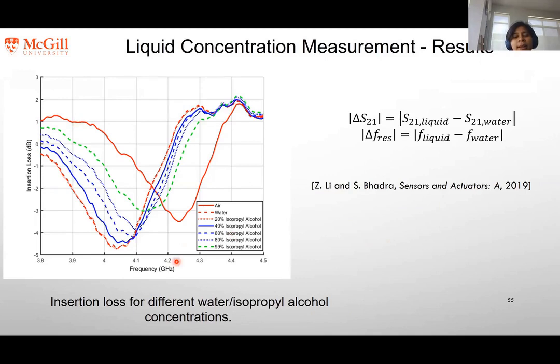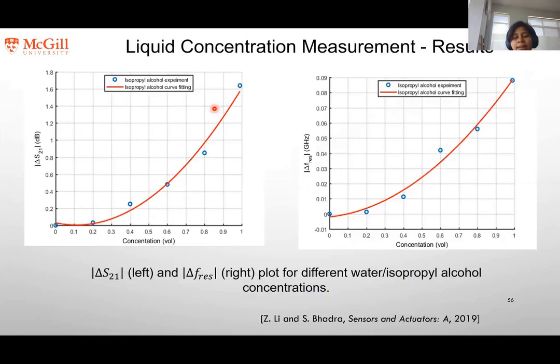You can see that we passed different concentrations of isopropyl alcohol, air, and water, and you can see how the response of the chipless RFID changes. So we can definitely measure differences in the concentration. And this is the relationship between the concentration and the S21 that we measured, or the resonant frequency of the chipless RFID.